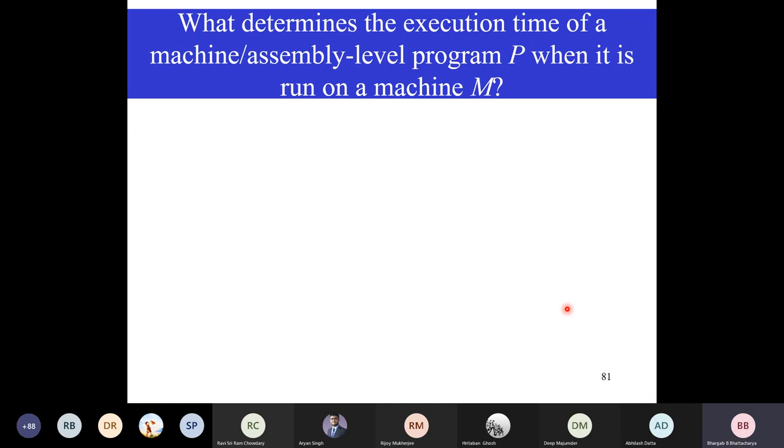And the job is submitted to the machine M, and I want to see what are the factors that would determine my CPU time. So what are the factors on which my CPU time would depend? Given this scenario that I have an assembly language program P, or a machine level language program P equivalently, when submitted to a machine M. So have some thought on it and try to give us some pointers.